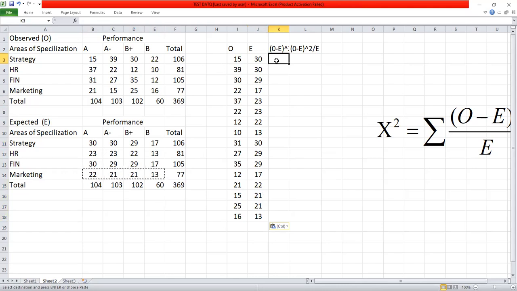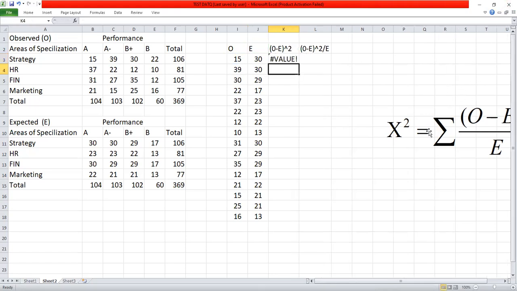Then I do what here? What we are saying here is O. What is O? O minus E, in the test statistic, whole squared. O minus E whole squared.